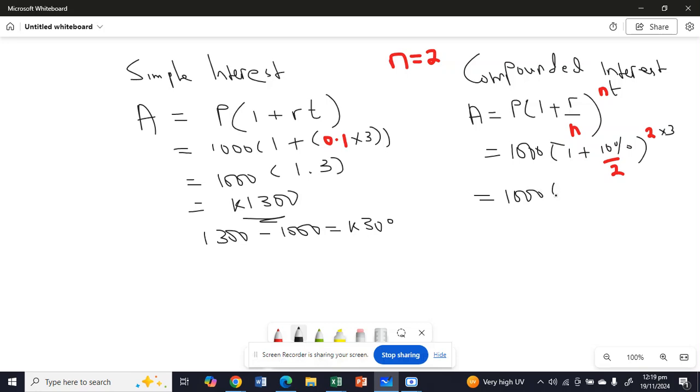1,000 here. 10% divided by 2, that's 5%. So we have 1 plus 0.05. This is the 5%. To the power 6. So 1,000 multiplied by 1.05 to the power 6. Let me just do my calculations.